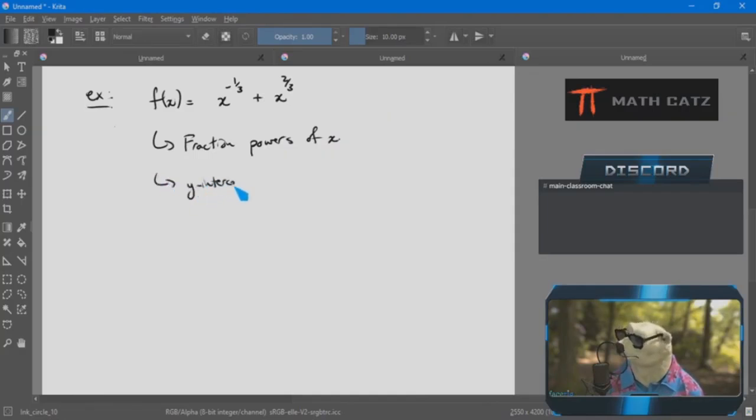Now, we, at the very least, want to find the y-intercept. So that's a 0. And even that might seem a little confusing for some. Because this function in its original presentation often will look like this, as multiple terms.